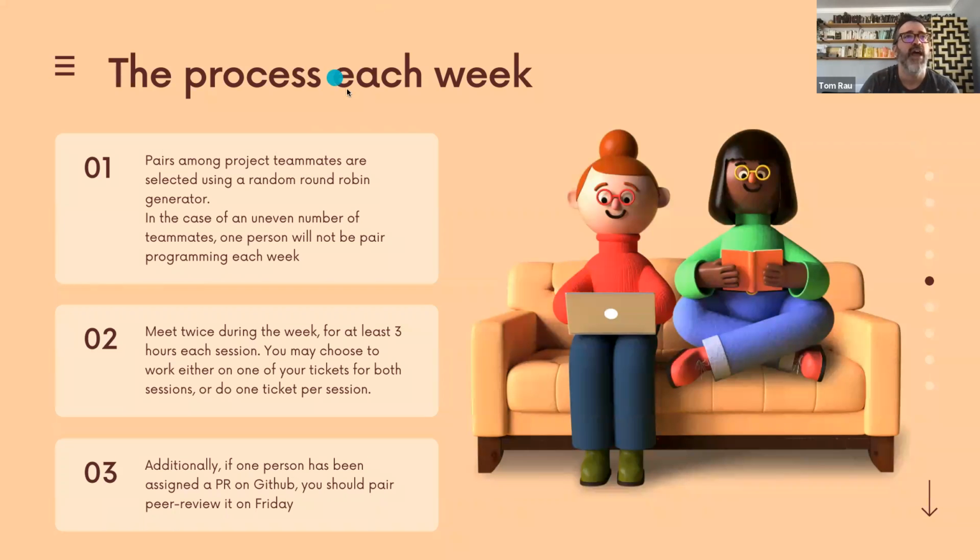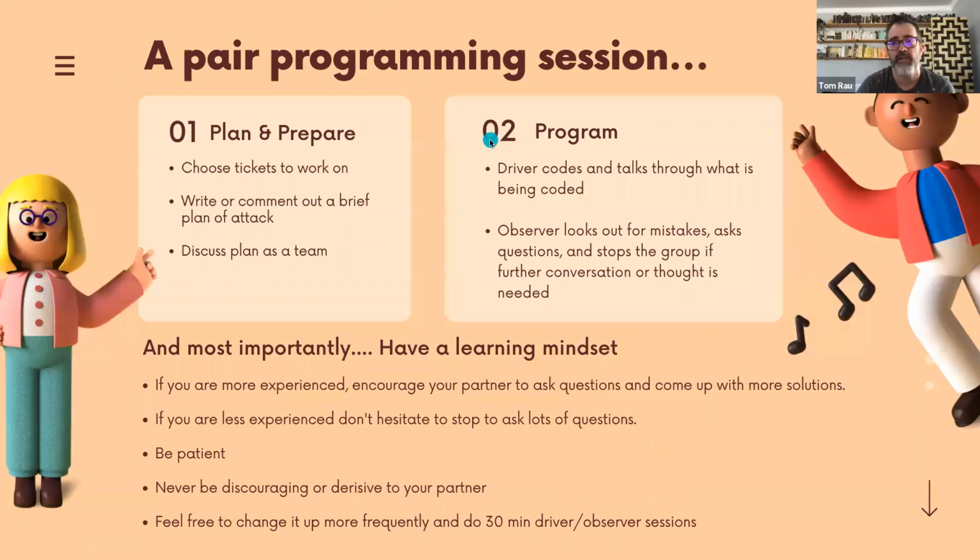And then how an actual pair programming session will look. It's really broken into two things. One is you want to plan and prepare, which means in advance knowing what tickets you want to work on, writing out your plan of attack for that ticket, and discussing that plan before you actually start coding.